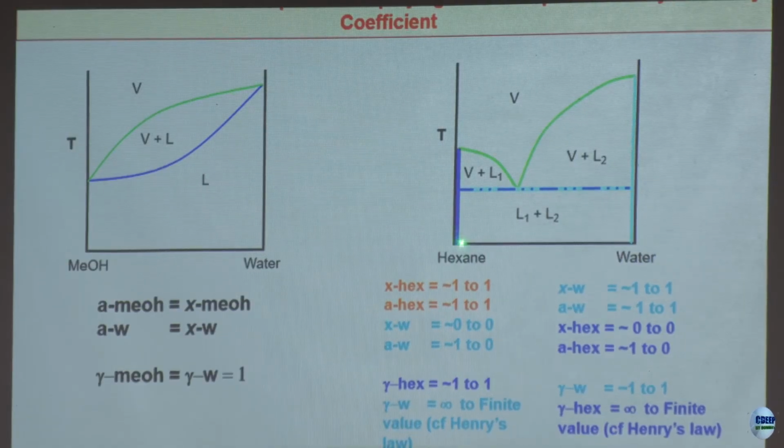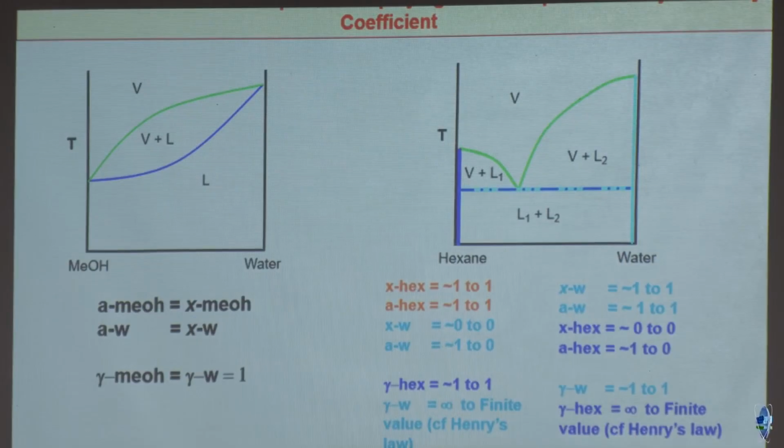But on the hexane liquid phase, the mole fraction of water was always nearly 0. Initially it was nearly 0 and then it became perfectly 0 at the boiling point. And the activity of water was nearly 1 while it was here, but the activity of water became equal to 0 at the boiling point of hexane. Fine. And here we have a similar way.